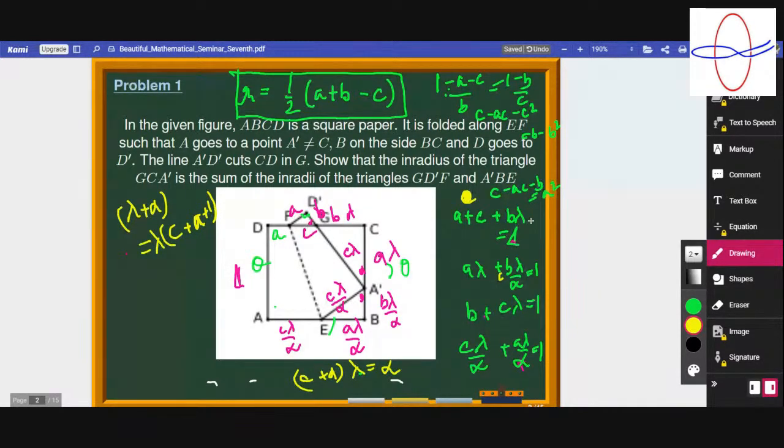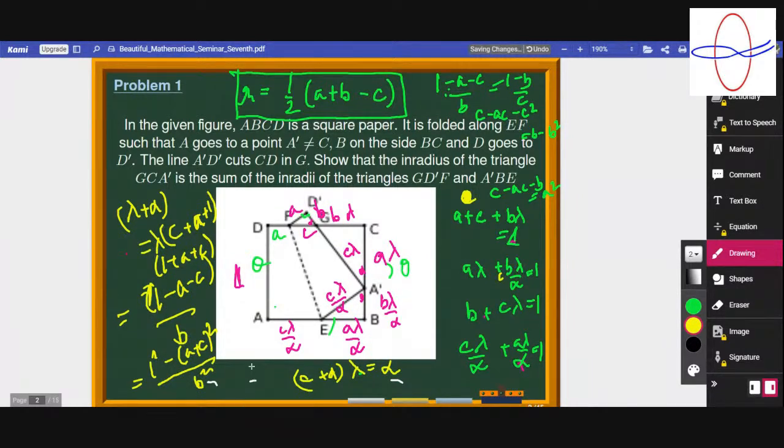If you put this first value of lambda over here, what do you get? You get it's equal to 1 minus a minus c by b into this 1 plus a plus c, right? So you get it's 1 minus a plus b whole a plus c whole square by b square.